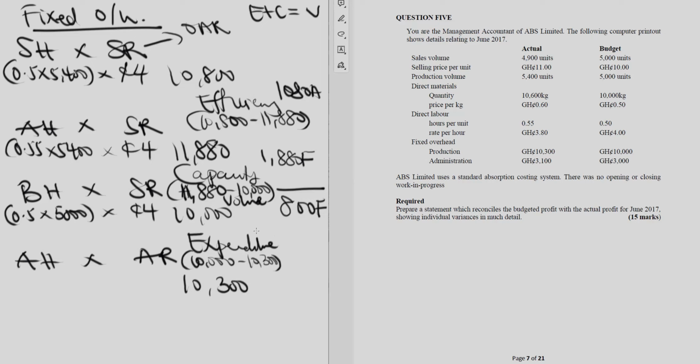So in that case, we're expecting to spend 10,000, we spent 10,300. That means there's a 300 adverse here, making our fixed overhead variance adverse. That means an overall variance of 500, not so.